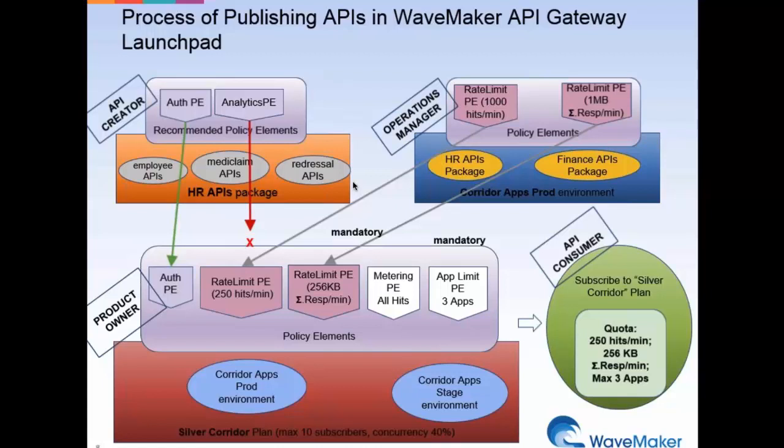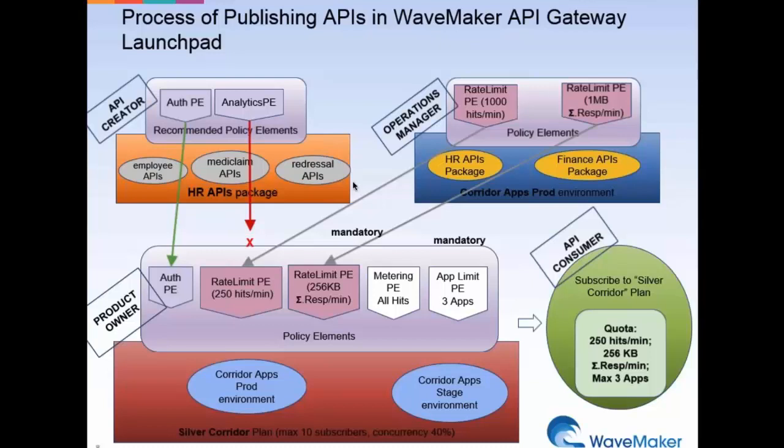He can look at it, check out the quota elements which are available for that particular plan, and subscribe to it. As a part of the subscription, he can add applications, register the applications, and also register developers who would be using that application for development.